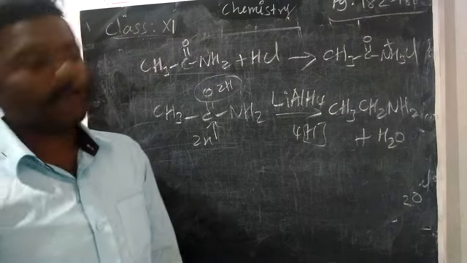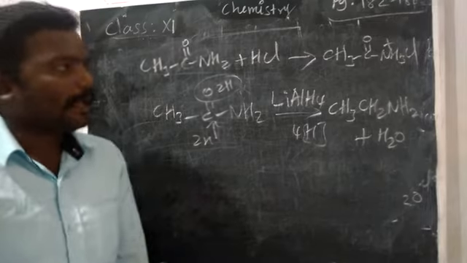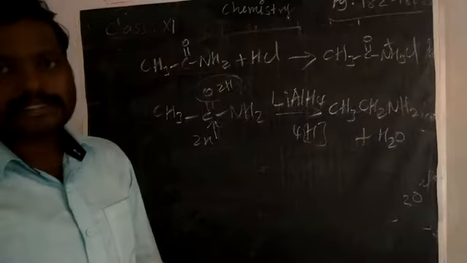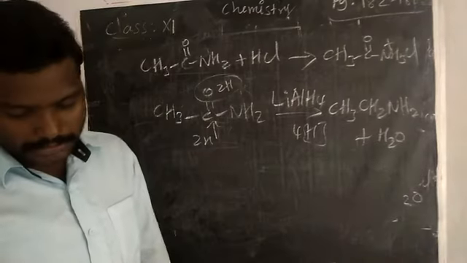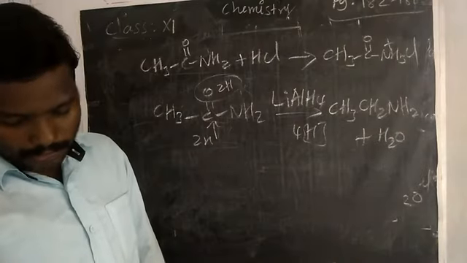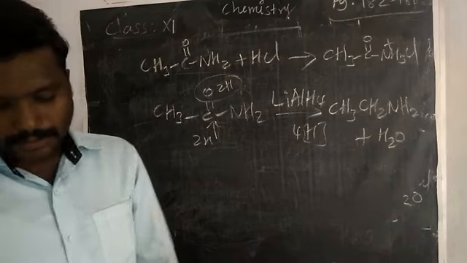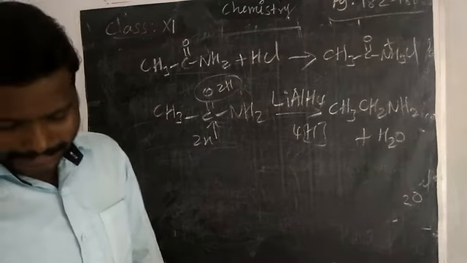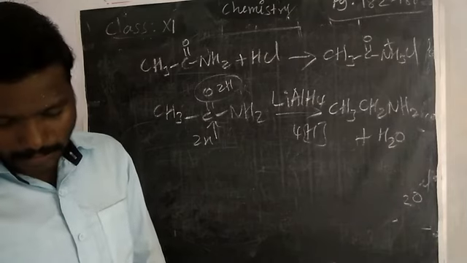Now only the uses of all the acid derivatives. See here, formic acid and acetic acid we already know. So all the important uses alone I will tell now. Acetic acid is used in rubber latex, that is also important.